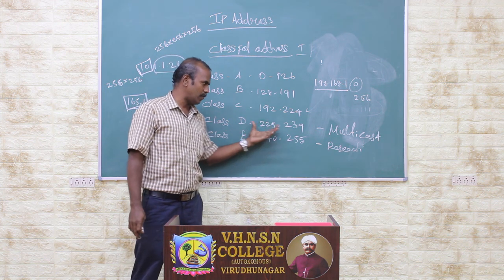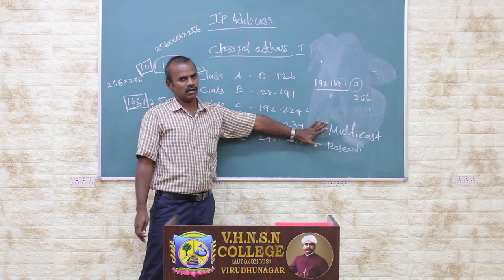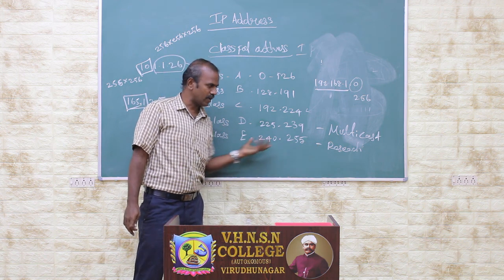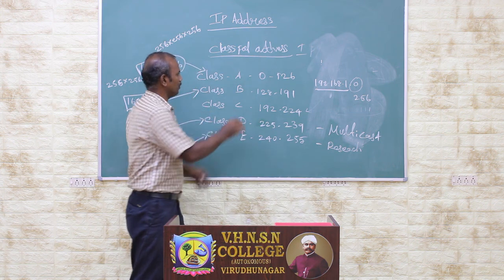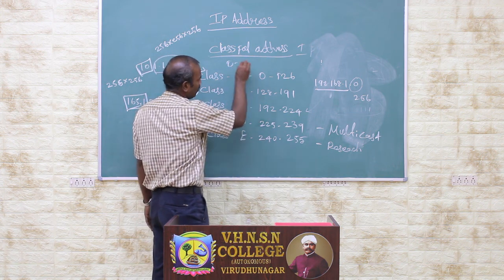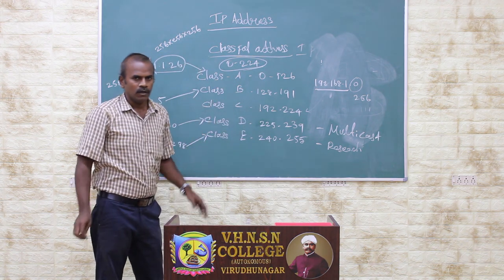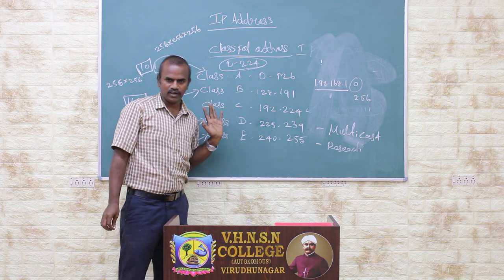I cannot use the multicast address because it is only for multicast, and class E we cannot touch. So for real-time scenarios, we can use only the range up to 224. Other things we cannot use.